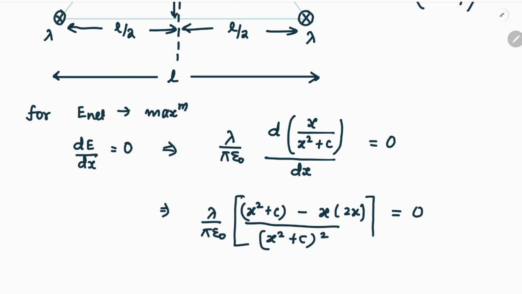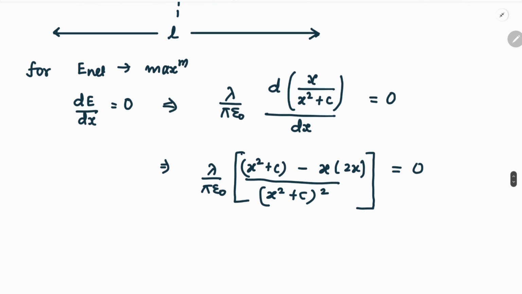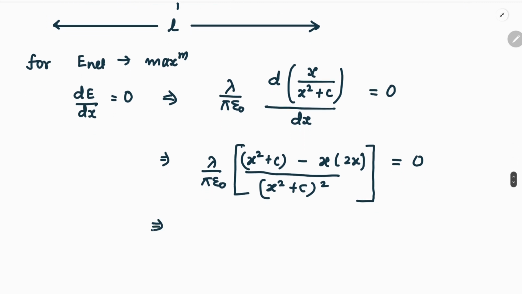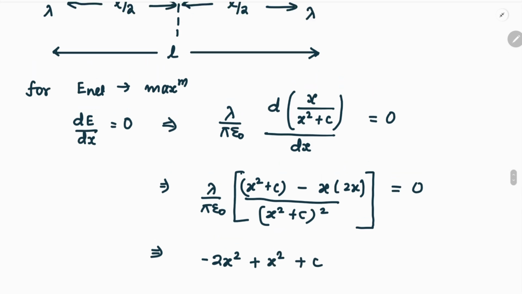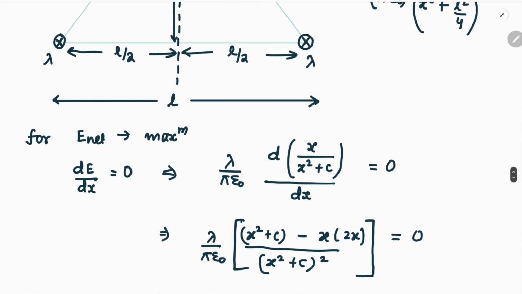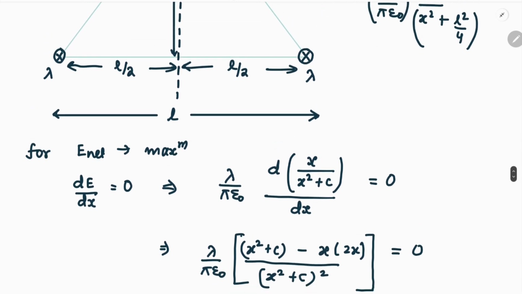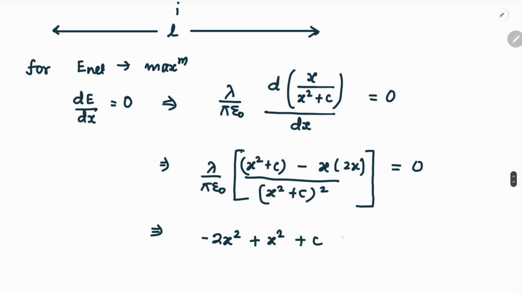So this is the expression that we have, and over here we can say 2x square minus 2x square plus x square plus c, where c is equal to L square by 4, and this value is equated to 0.